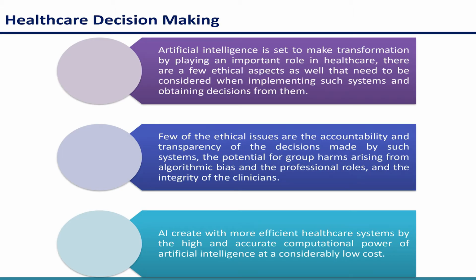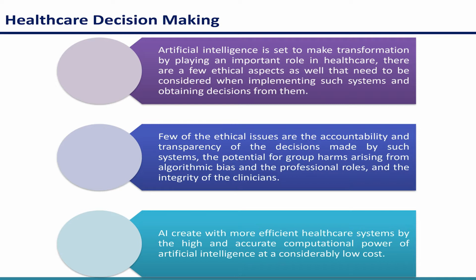Artificial intelligence is set to bring transformation by playing an important role in the healthcare system. Therefore, there are a few critical issues, such as ethical aspects, that need to be considered when implementing such systems and obtaining decisions from them.